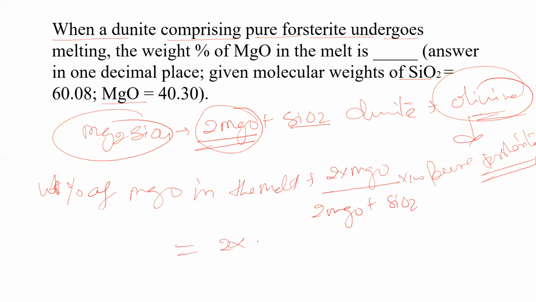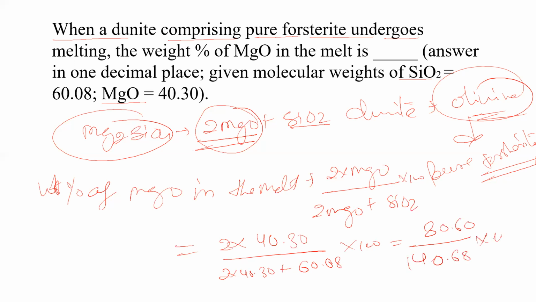So this becomes 2 multiplied by 40.30 divided by 2 multiplied by 40.30 plus 60.08, multiplied by 100. So this becomes 80.60 divided by 140.68 multiplied by 100, something like that. So you'll receive the percentage, which is something like 47 percent if you solve it, right?